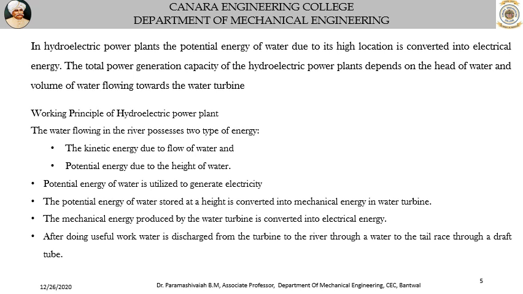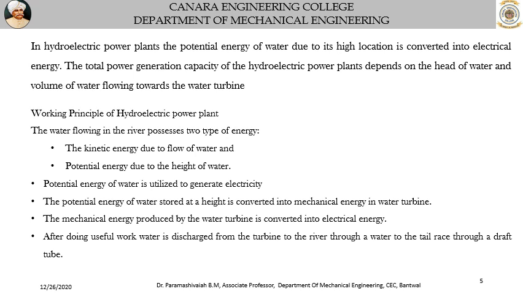Head means the height at which the water is stored. The amount of water stored depends on the two parameters, the height at which water is stored and the volume. Depending on that we can generate electricity. The capacity of the power plants depends on these two factors.